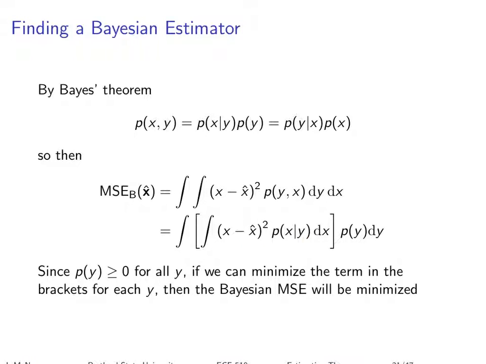If we can solve this for every particular value of y, then regardless of what value of y this takes on, it's also going to minimize the combination of both of these integrals. And so our problem becomes simpler: we really just need to minimize this mean squared error in the inner brackets. And that will minimize the overall Bayesian mean squared error.